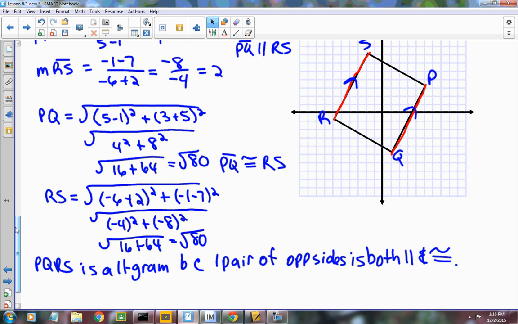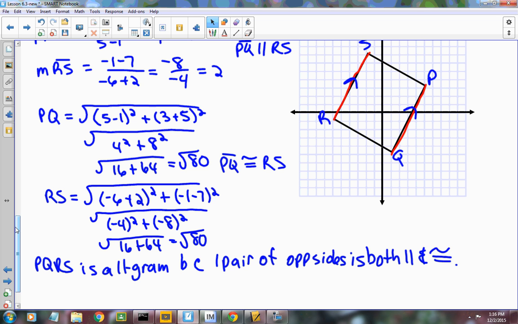I had to do this 5 times, but you only have to do it once. Okay, so what are the 5 tests? The opposite sides are parallel, and you might have to use slopes. Opposite sides congruent, you might have to use distance.